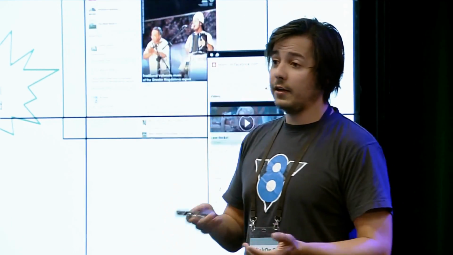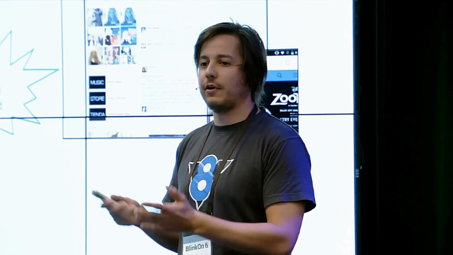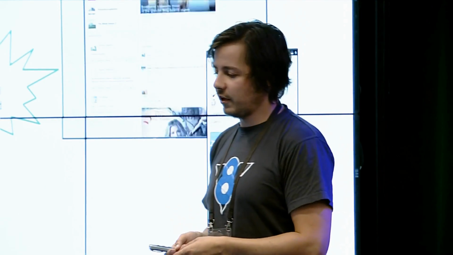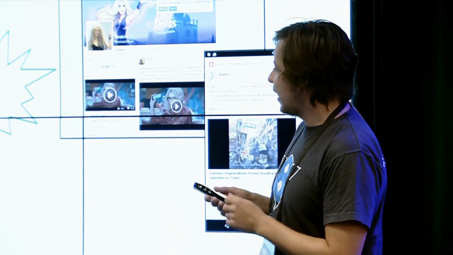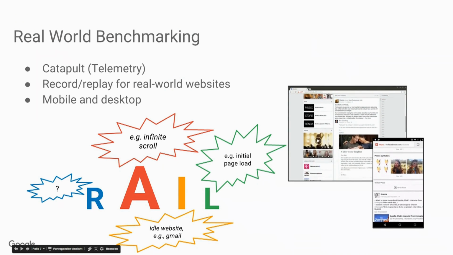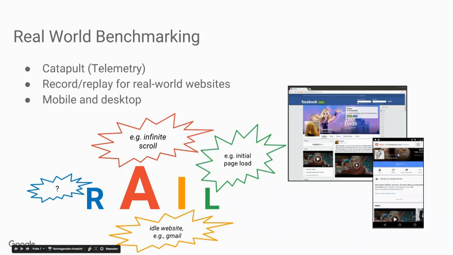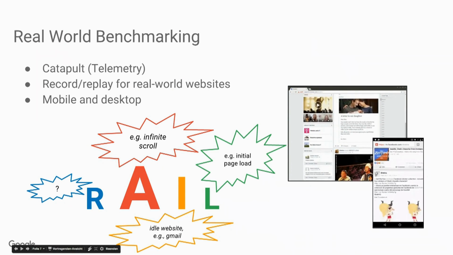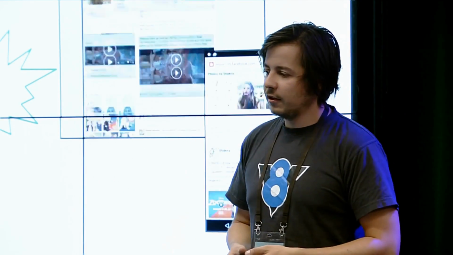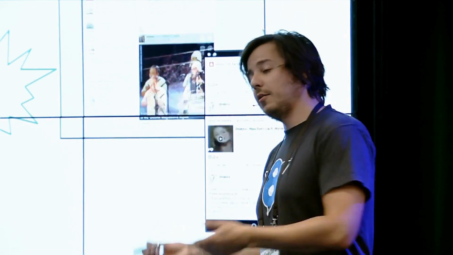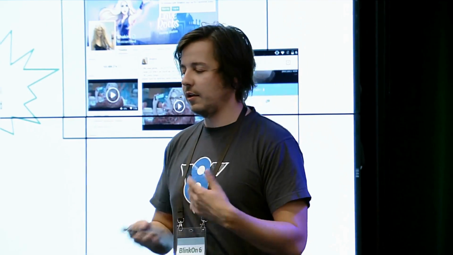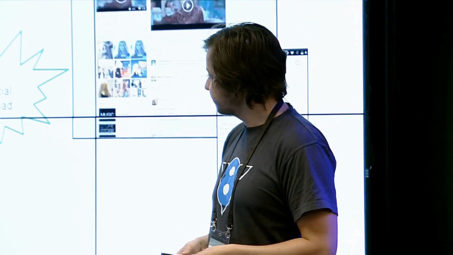While they do this infinite scrolling, we look at the GC events that happen and try to minimize the pause times there. For idle, we try to look at idle websites, for instance email clients. So you open Gmail, you do a task you would regularly do, like compose a mail, look at an email thread, and then you let it sit idle. And again, watch the GC events happen and observe the pause times.